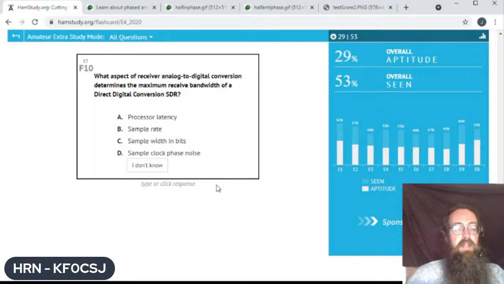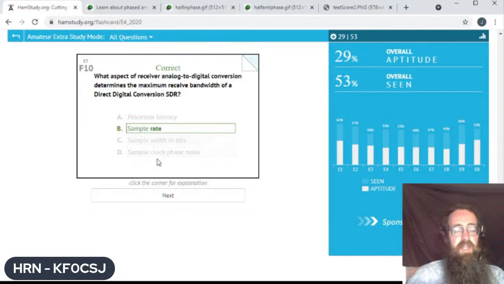D. Sample clock phase noise. It's either B or C, and I am going to go with B. Yep.